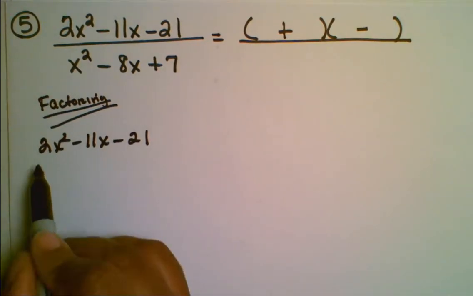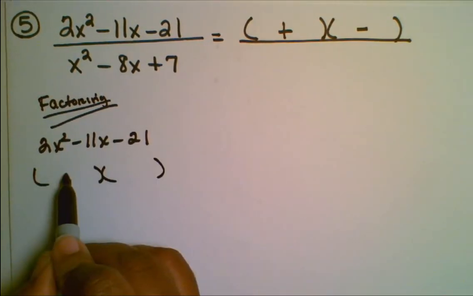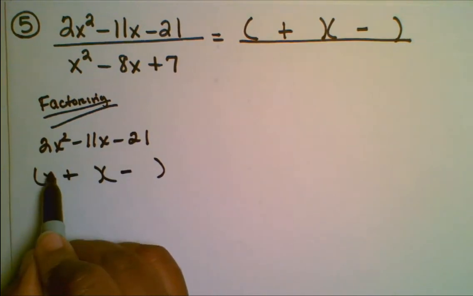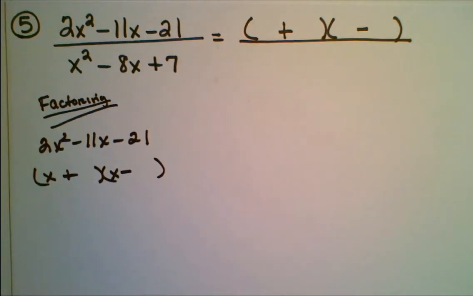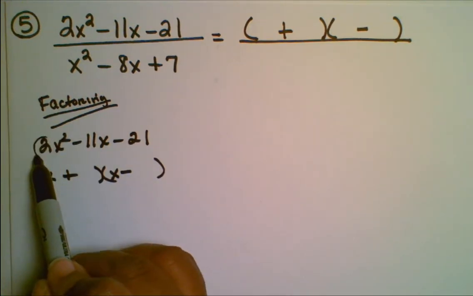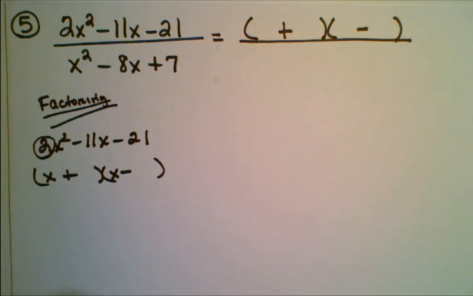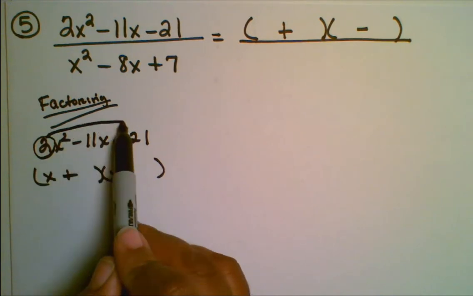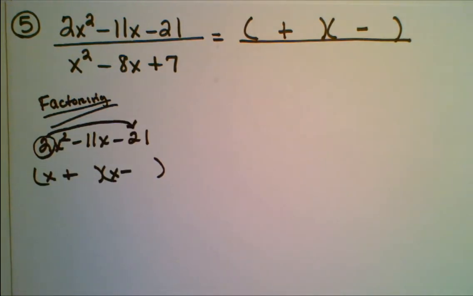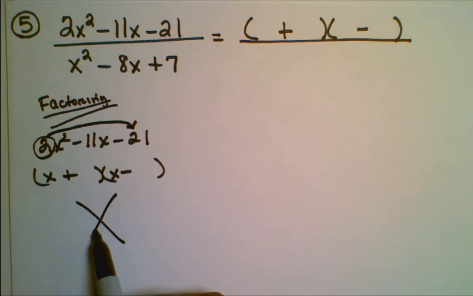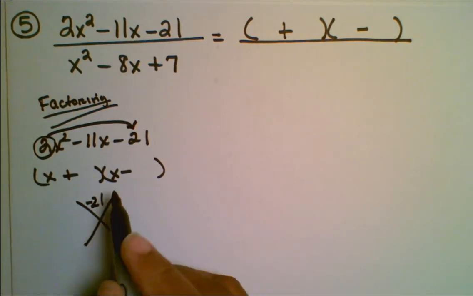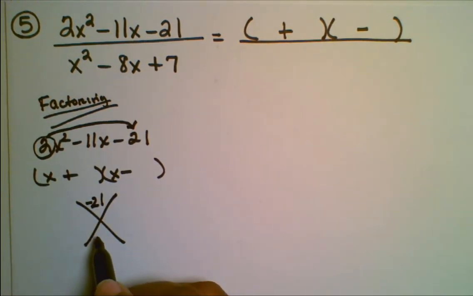Okay, so let's go ahead and set this up. We know the first term is going to be x and x because we need to break down the x squared. So we're going to take this 2 that's in the first term, slide it over and multiply it to the negative 21. So we're saying what are factors of negative 21, that when you add those factors it would give us negative 11.